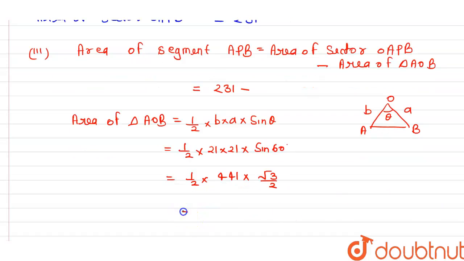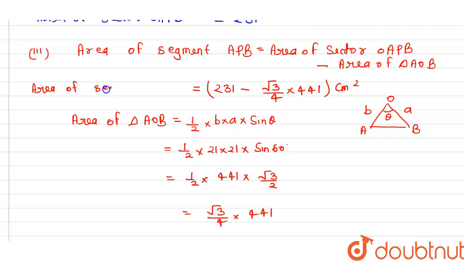Then it will be √3/4 into 441. So this is the area of the triangle AOB, and we will put this value in the segment APB.